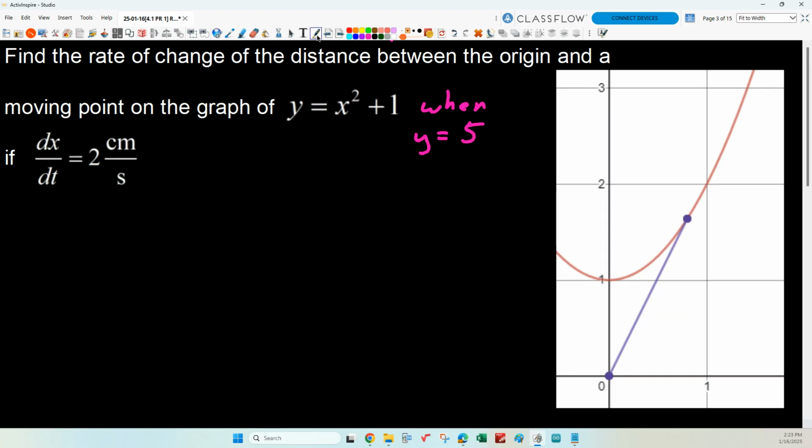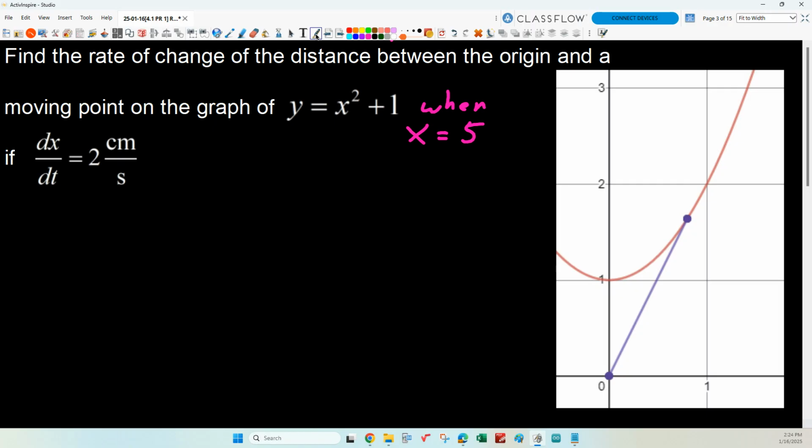Hang on, I got to do a little calculation here. I'm going to say when x equals 5. We'll do that, okay?